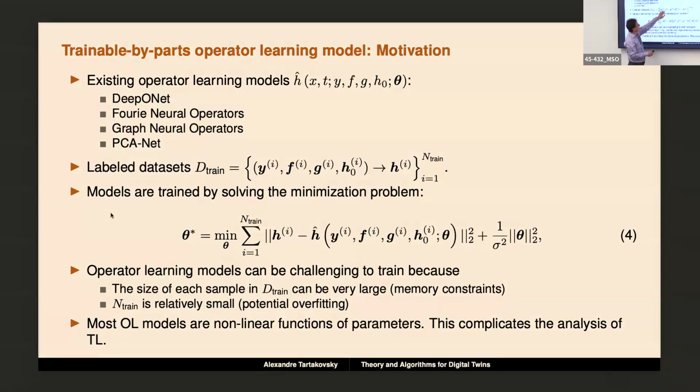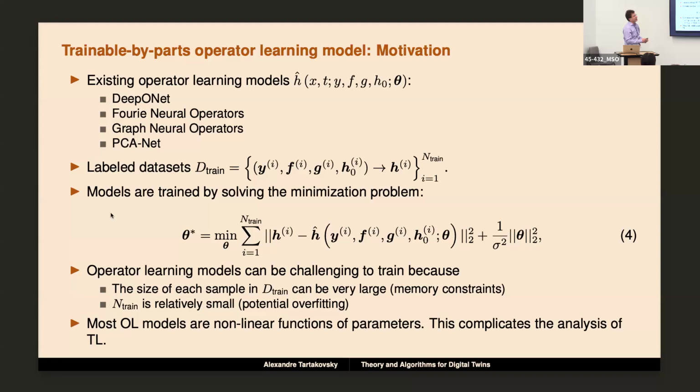Then the size of each of these vectors will be equal to the number of the nodes or elements in the numerical model. And then, of course, the size of H will be the number of nodes times the number of time steps, which can be hundreds of millions. So loading each sample in the computer memory can be an issue for training the surrogate model.